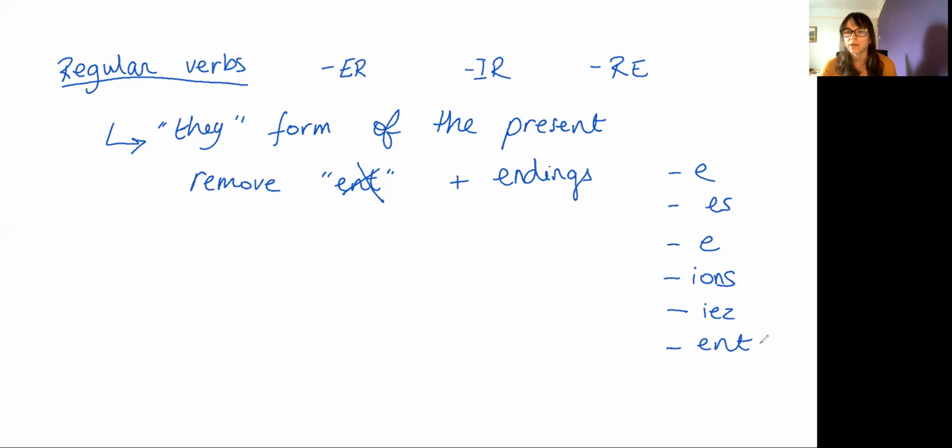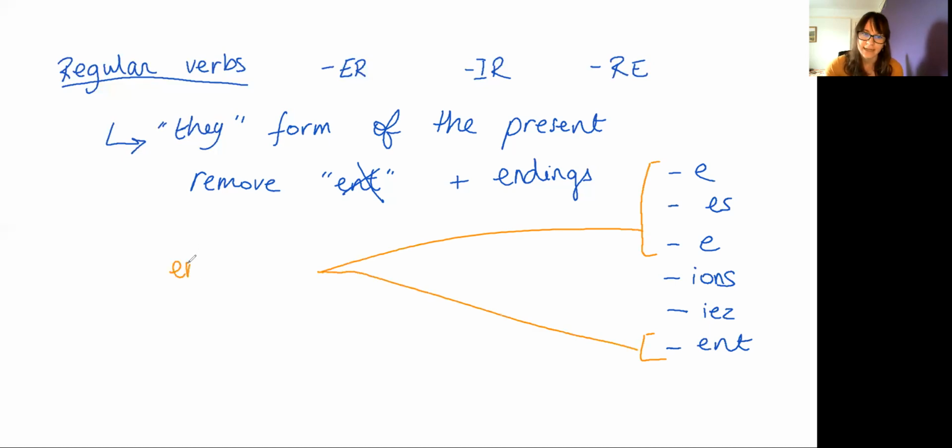If you have been paying attention to all the tenses before and you know your endings by heart, you will notice two things. First of all, you'll notice that this plus this is very similar to the endings of the present tense, the normal present tense. So endings of the present for the ER verb.